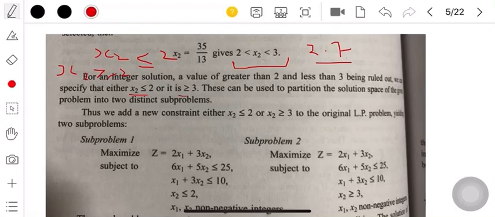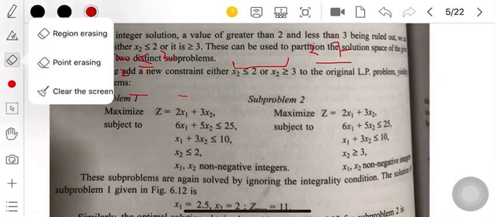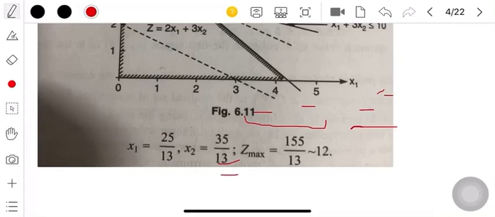These can be used to partition the solution space of the given problem into two distinct components. So what we do next, we divide this problem into subproblems. Here it is. Subproblem 1: this is the objective function 2x1 plus 3x2 subject to this. Now one constraint we have added. I just want to say we can also take the value x1, which is 25 by 3.